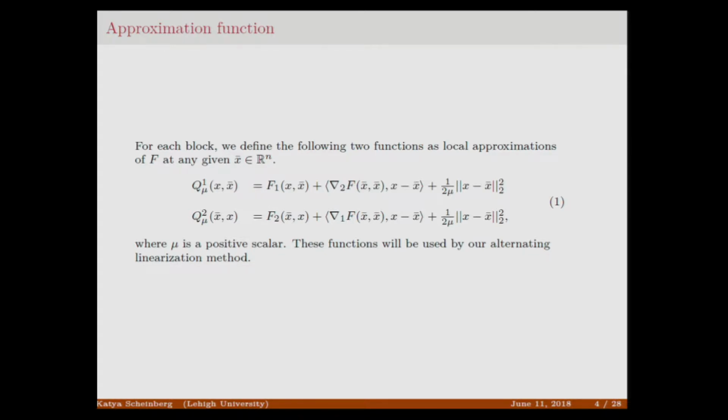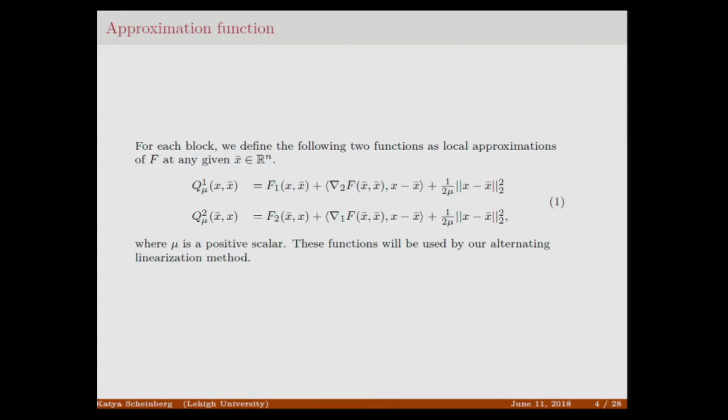We take x bar as a fixed value. Then we take this first block function, which can be any function, but it has to be convex. Then we take the gradient with respect to the second block at x bar. So it's a fixed gradient, a fixed vector. This is a linear function, and this is your quadratic term.